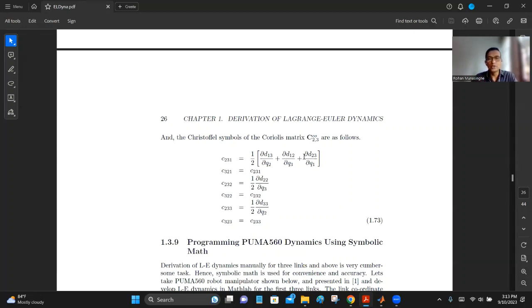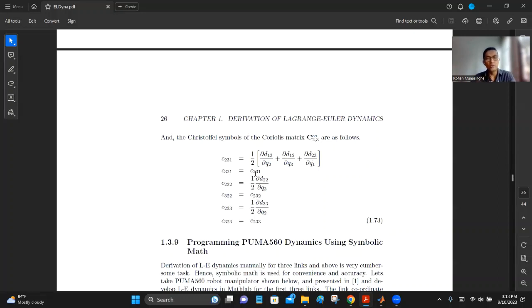And you have the expression over here. So as you know, the general Christoffel symbol for ijk, you can write it down for any other specific Christoffel symbol, C232, C233, whatever it is. You just replace i with that number, j with that number, k with that number. That's it. Okay, and this equation is there.